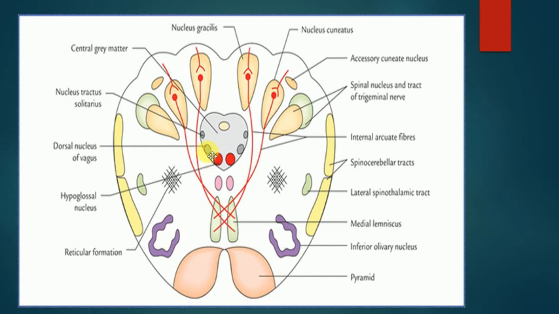Dorsal nuclei of vagus. Then hypoglossal nucleus. Inferior olivary nucleus. Here is the pyramid, and here is the anterior position. Lateral spinothalamic tract, spinocerebellar tracts, accessory cuneate nucleus here, spinal nucleus here. Here is the tract of trigeminal nerve.